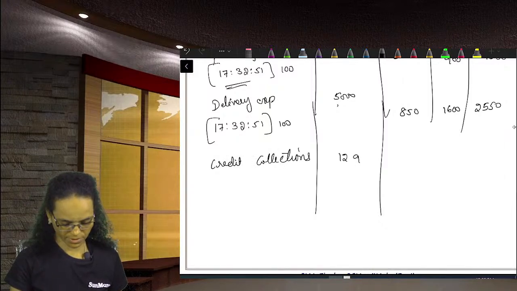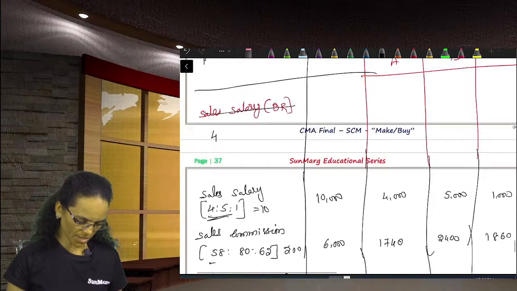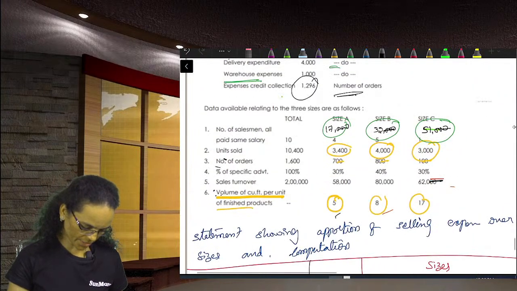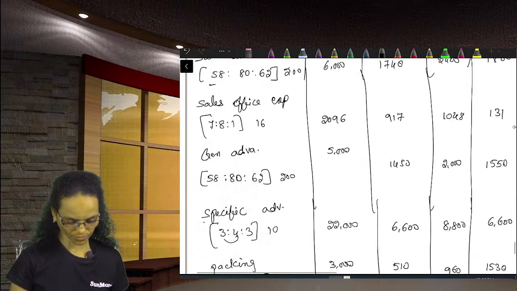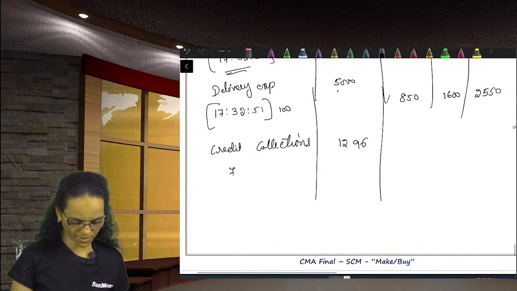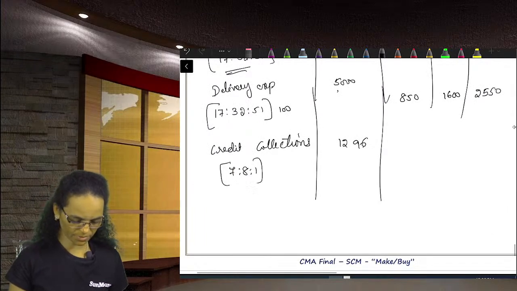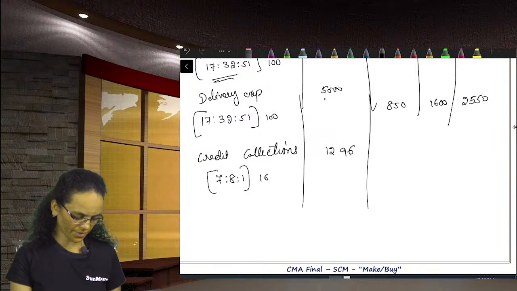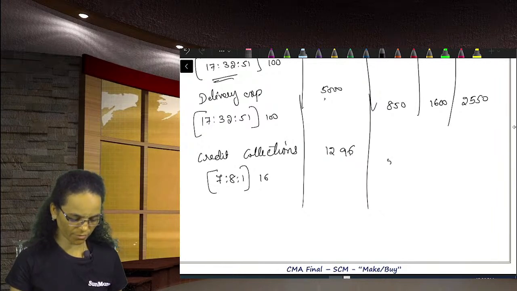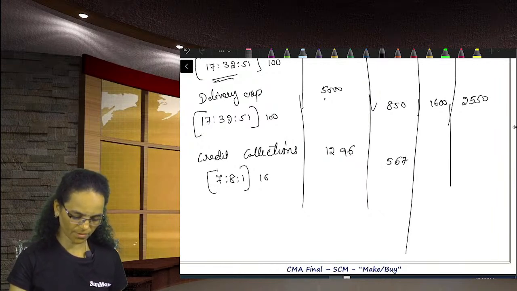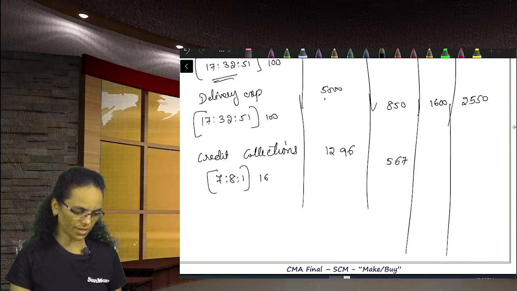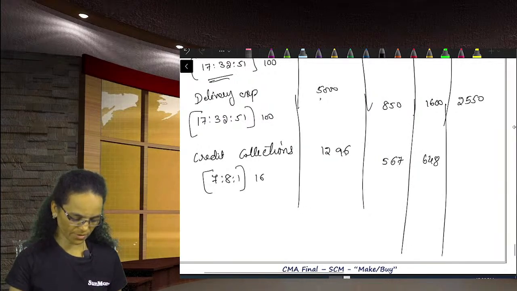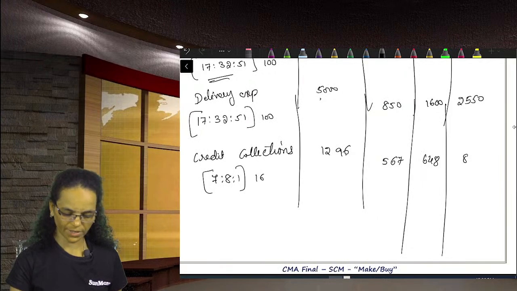Number of orders here it is given 7, 8 and 1. This is 16. 7 divided by 16 into 1296, that is 567, divided by 7 into 8, 648, divided by 8 into 1, 81.